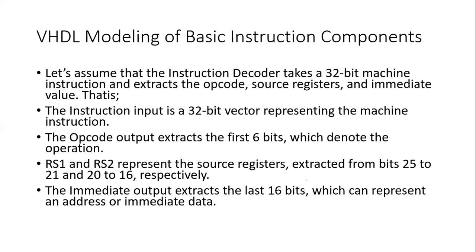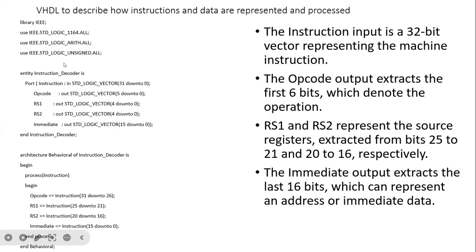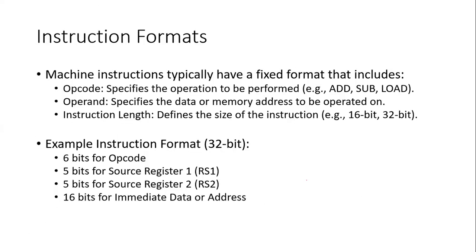So we want to assume that the instruction decoder takes a 32-bit machine instruction, okay? And extracts the opcode, the source registers and the immediate value. In our previous slide, that's the code, okay. We made mention of six bits for opcode, 5 bits for source register 1, 5 bits for source register 2, 16 bits for immediate data or address.